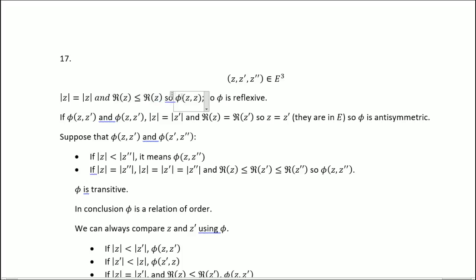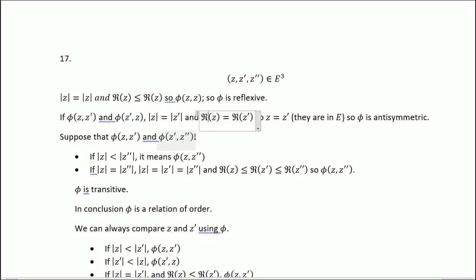So phi of z z is always true. So phi is reflexive. If phi of z z prime and phi of z prime z, it's just a bad copy paste.